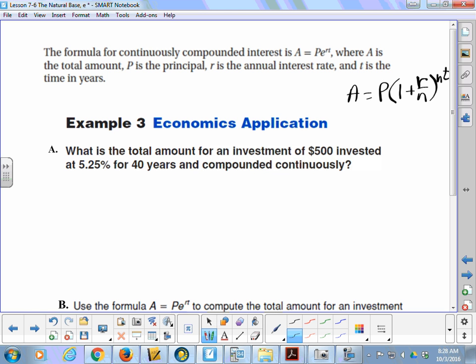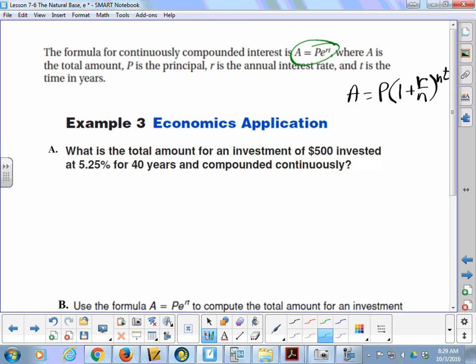Well, with PERT, they compound the interest continuously, which is better because it gives you more money. And that's what you always want them to do. So we're going to use this formula to solve a couple of problems.